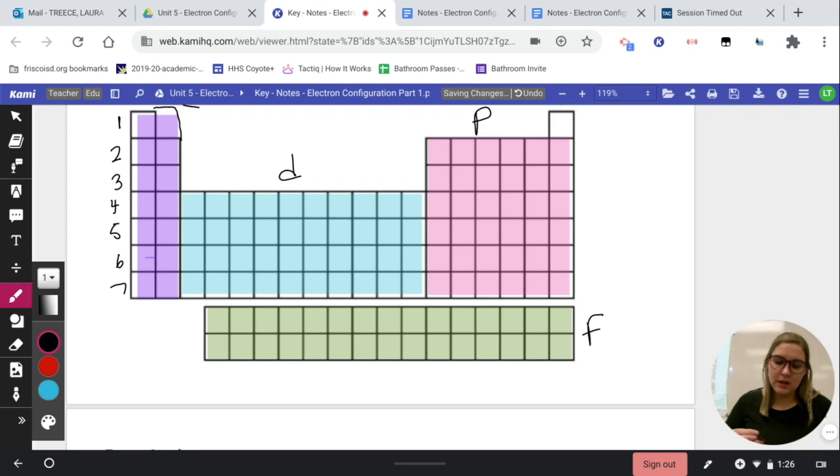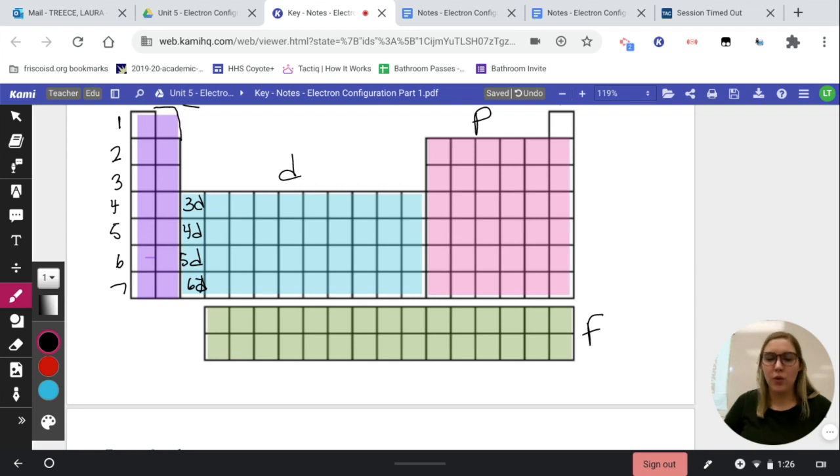For the D orbital, it's always one less than the row it's on. So if it's on the 4th row, it would be 3D. If it's on the 5th row, it would be 4D. 6th row, 5D, and then 7th row would be 6D.